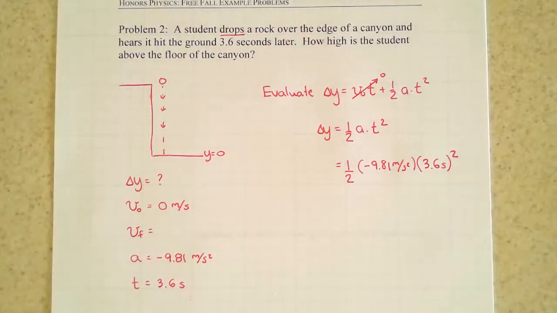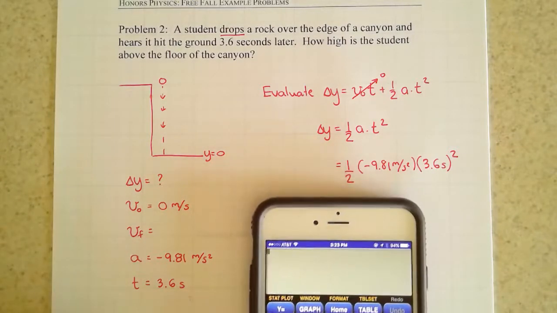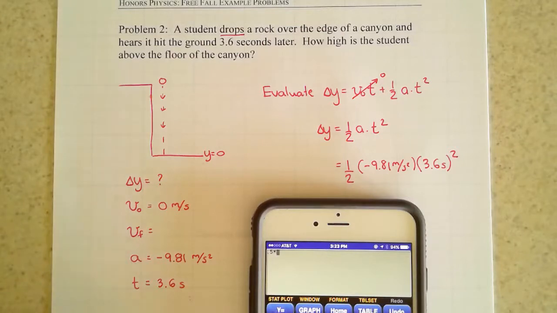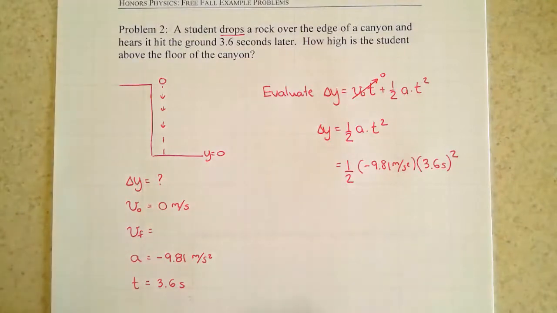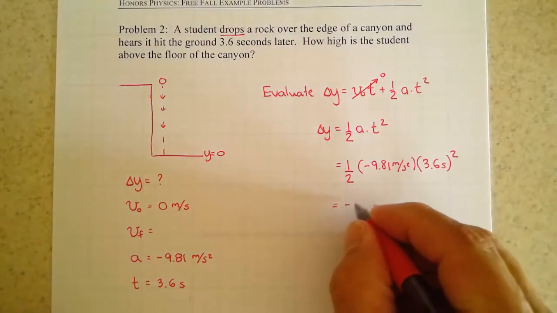We'll grab our calculators and quickly compute that value. So I'm just going to take 0.5 times negative 9.81 times 3.6 squared, and that gives me a result of negative 63.5 or negative 64. So that's negative 64 meters.